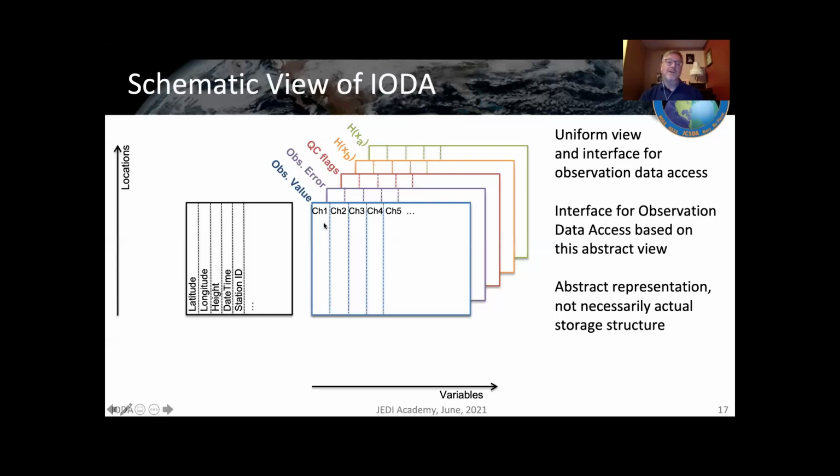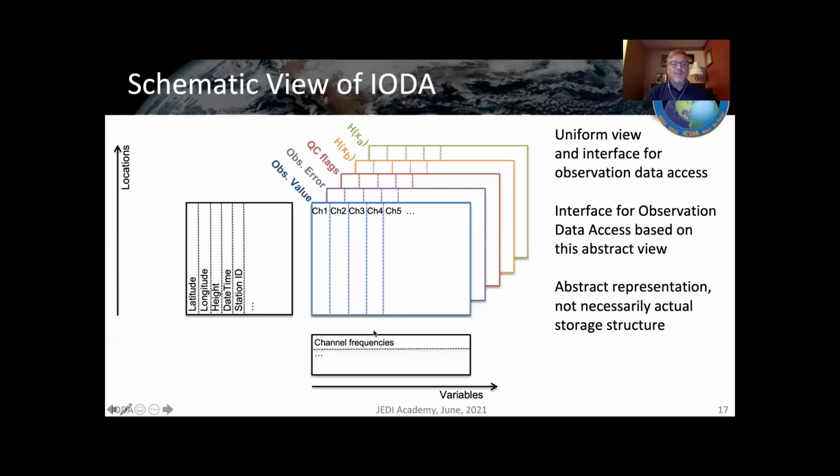So in the case of radiance, you can have the different channels stored within. One of the features that we just added, I can see that this is an old system right now, because we've made the channels look like they're different variables, but actually there's just one variable called brightness temperature, and then there's another dimension that holds the channels.